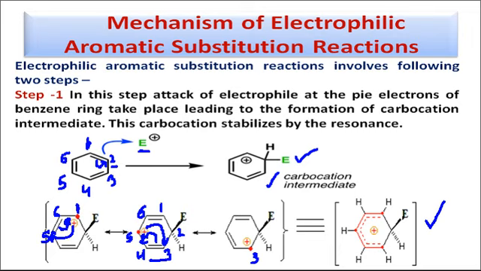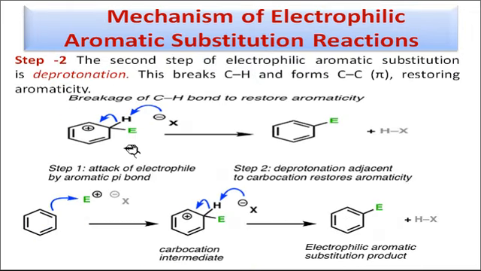Now in the second step of this reaction, breakage of this C-H bond takes place, which restores the aromaticity of the benzene ring. What happens next? In the second step, the electrophilic aromatic substitution is completed with deprotonation, meaning breaking of this C-H bond.